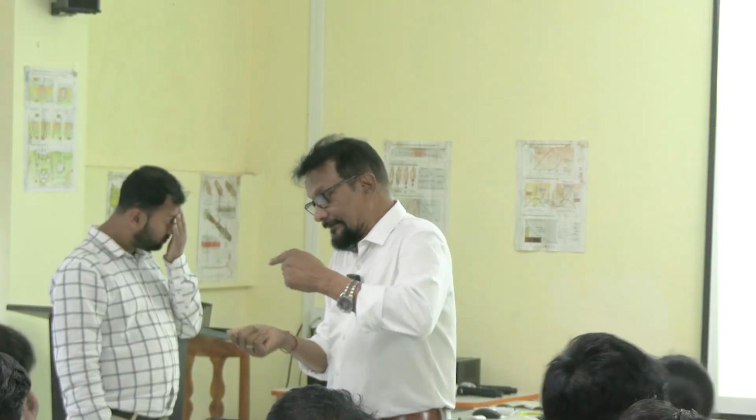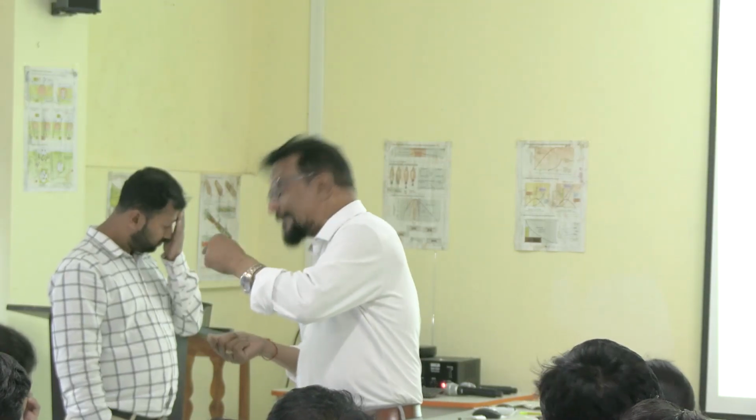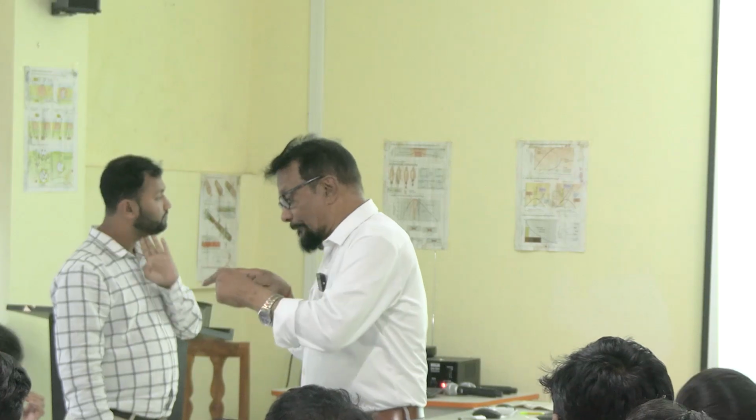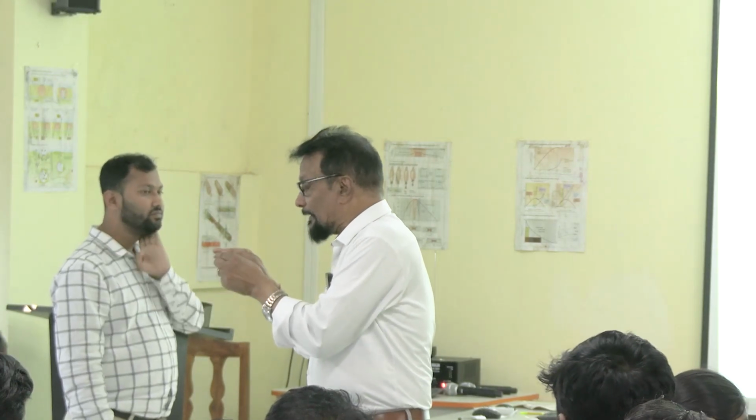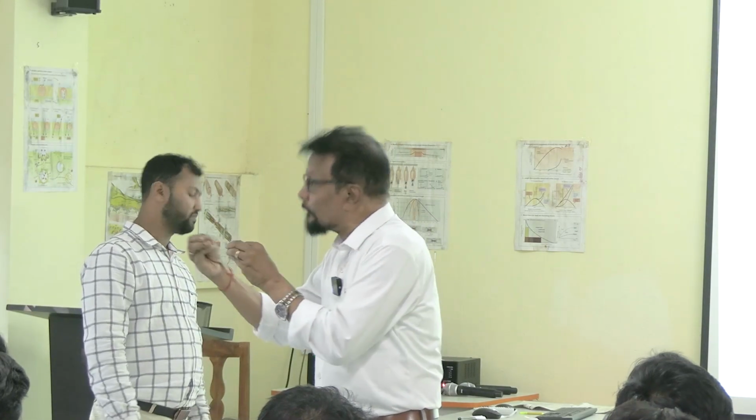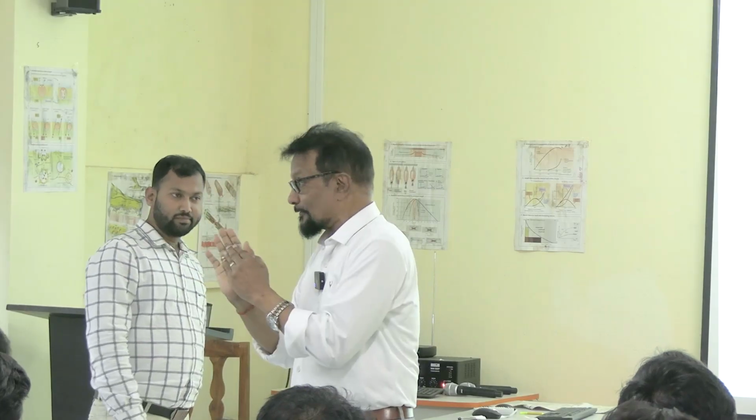This action potential will travel and enter the T-tubule. Then from the T-tubule and cisternae, there will be release of calcium ions, and excitation-contraction coupling will be made. Then only the muscle will contract.